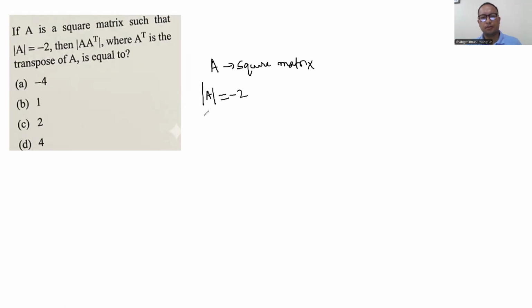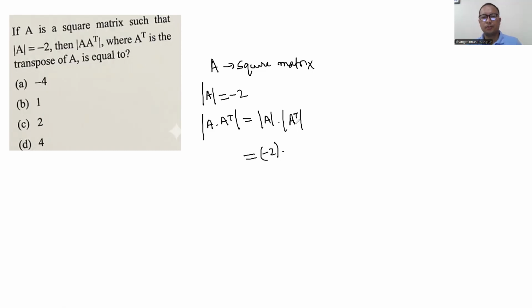Now put A transpose into the determinant. The determinant of a product of two matrices is the product of their determinants. Now the determinant of A is minus 2.